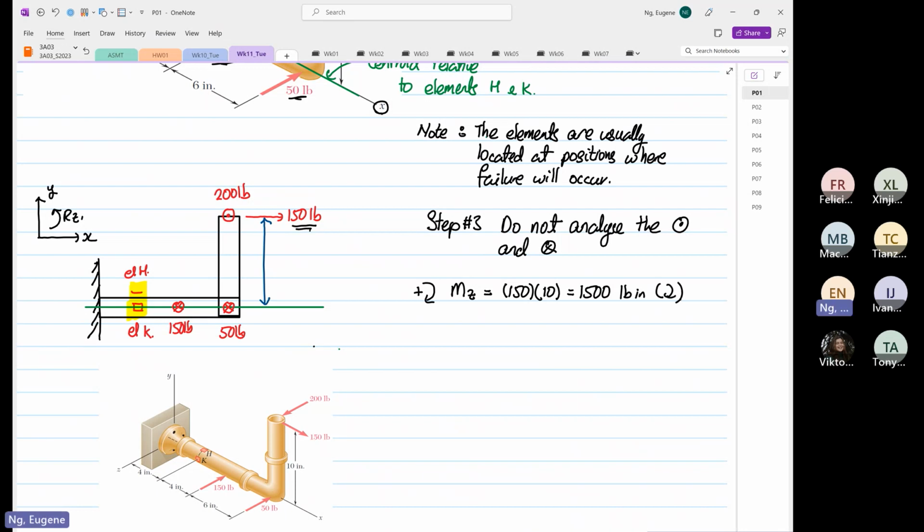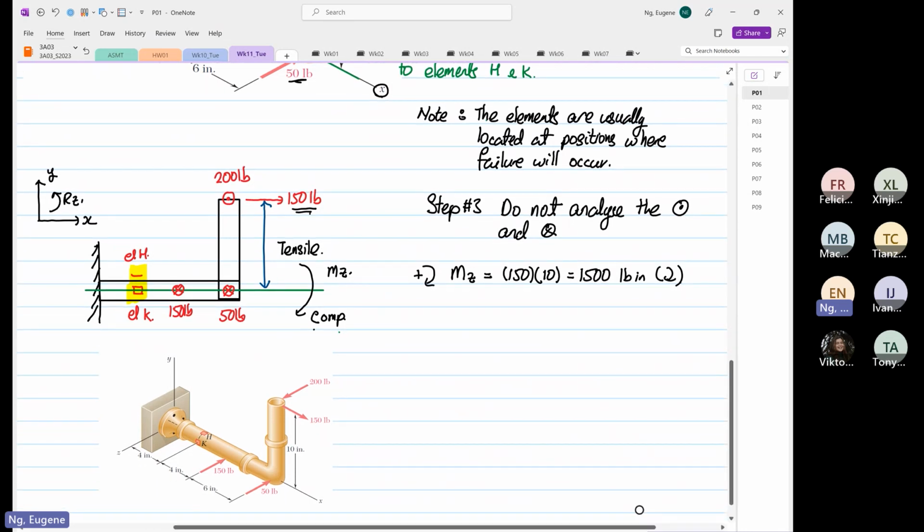Now we can construct this. This is our moment in Z. Like what we have learned before, the head of the arrow is compression, and the tail end is tensile. So from here, you can immediately make an analysis. You know that element H will be tensile, which is positive stress.